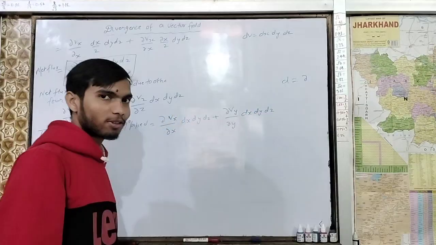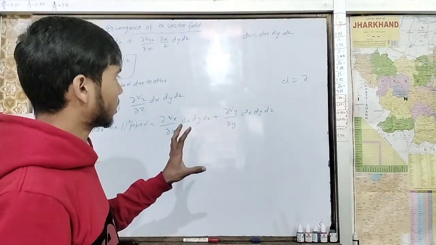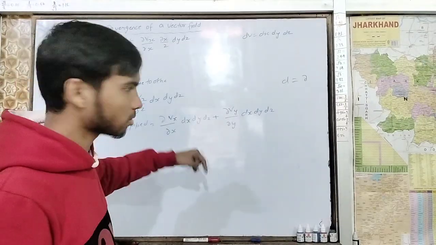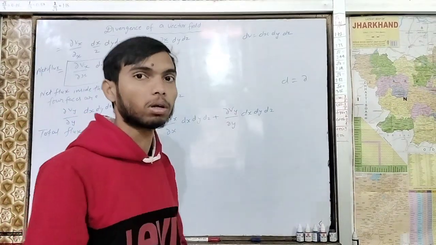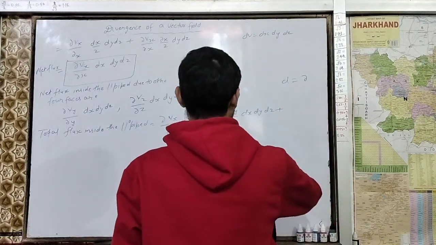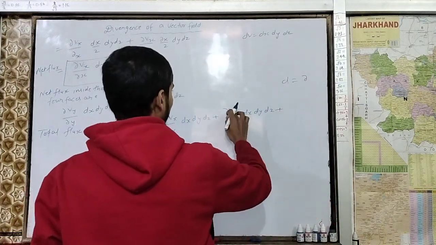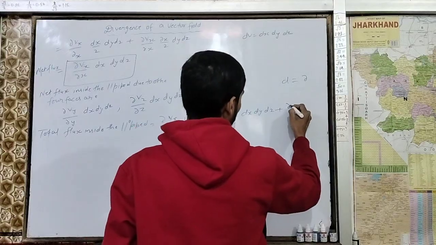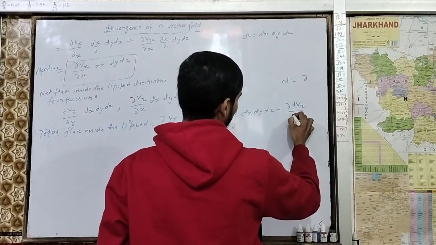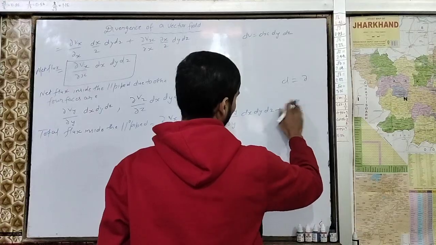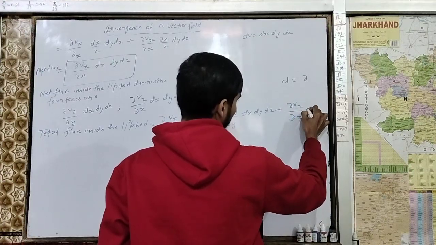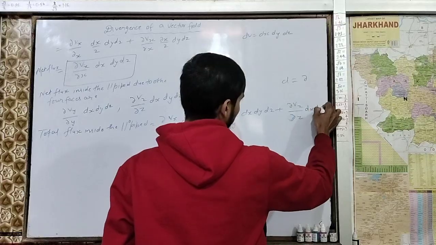Here we can get confused, but try to focus completely on the discussion so that you don't get distracted. Last we have the z component, ∂vz/∂z dx dy dz.